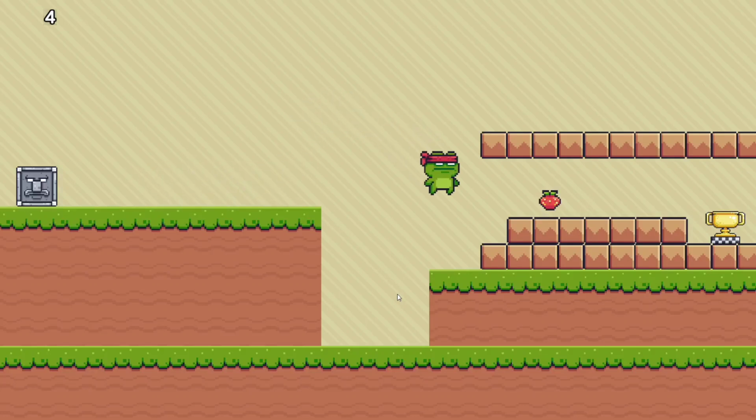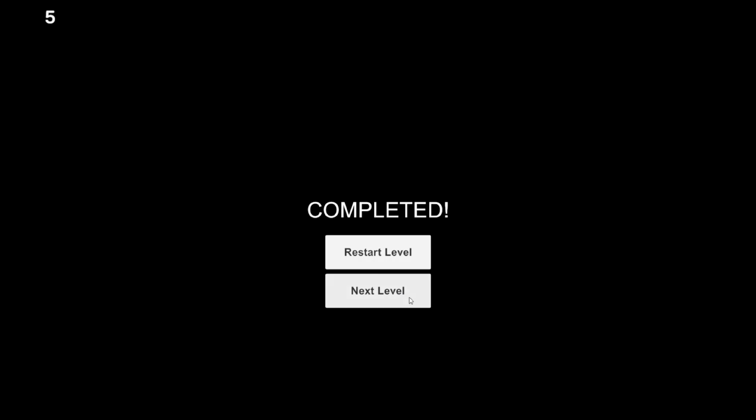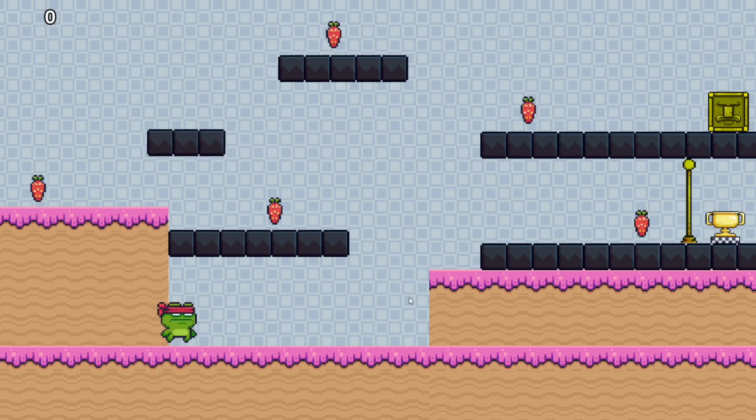Once the necessary keystone is activated, the gate opens, allowing progress to the next stage.